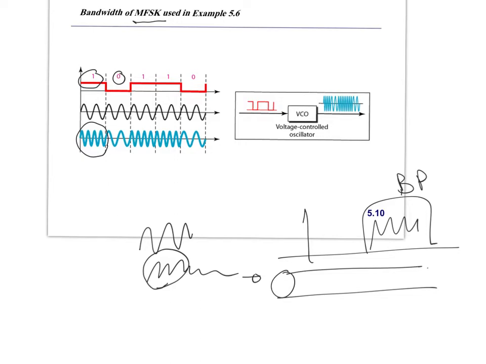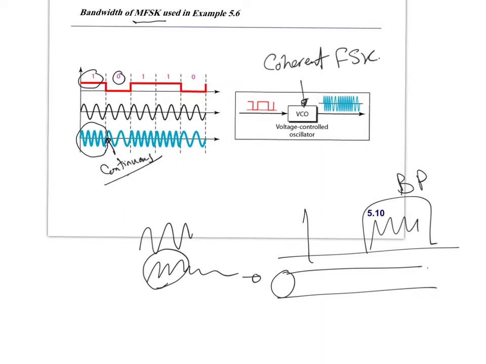And we said that for implementation, we use the hardware circuit of the voltage controlled oscillator, because this circuit tends to give a coherent FSK, where we avoid the discontinuity. So this is a continuous signal.